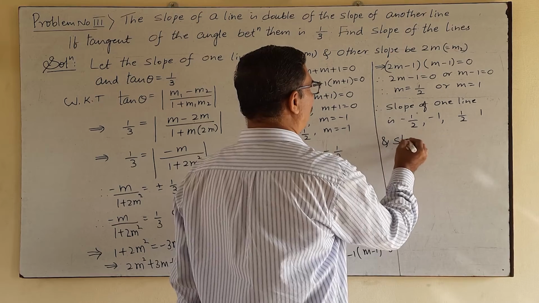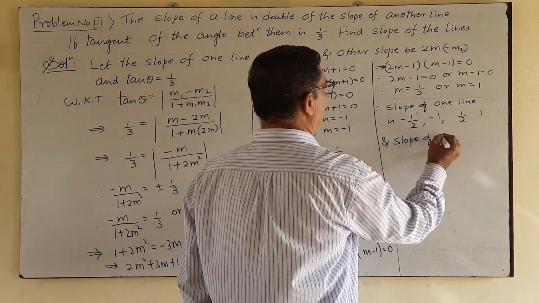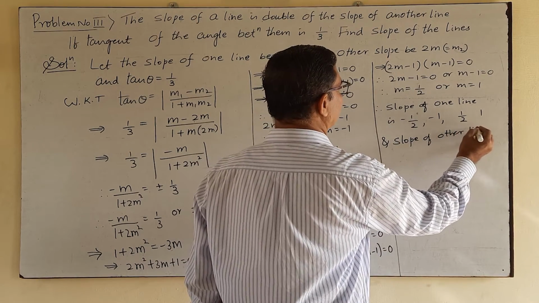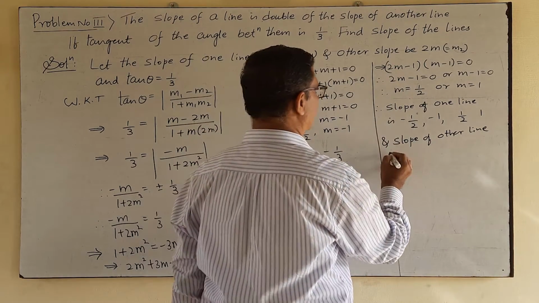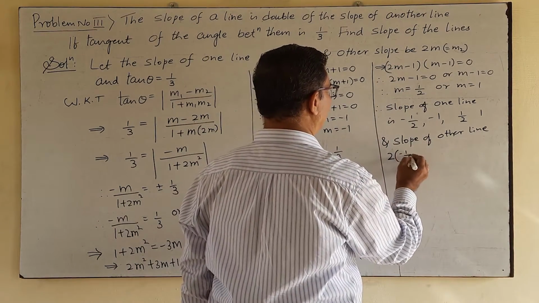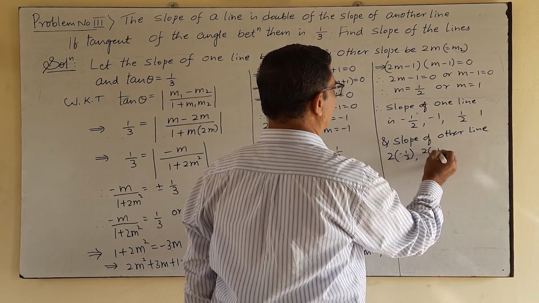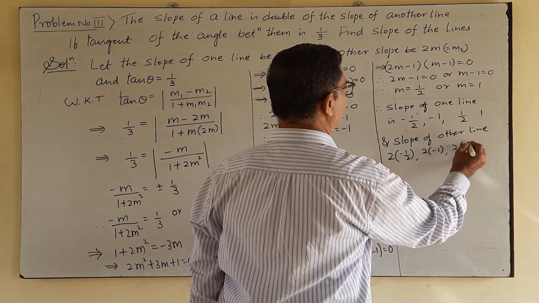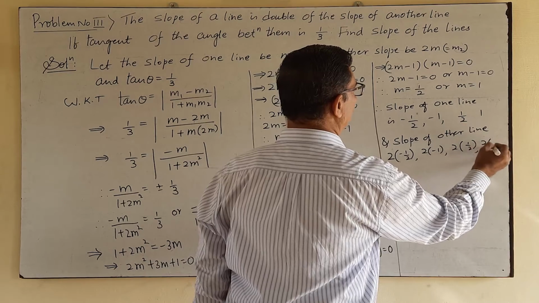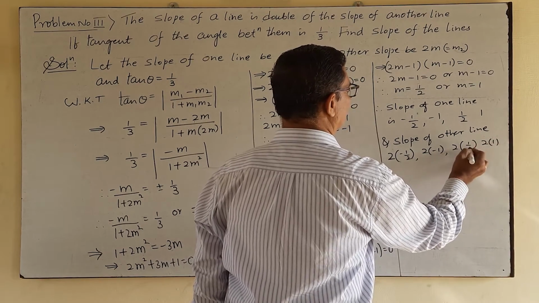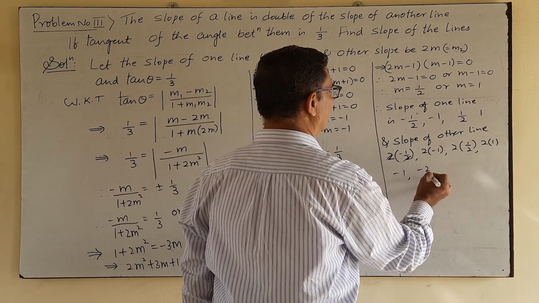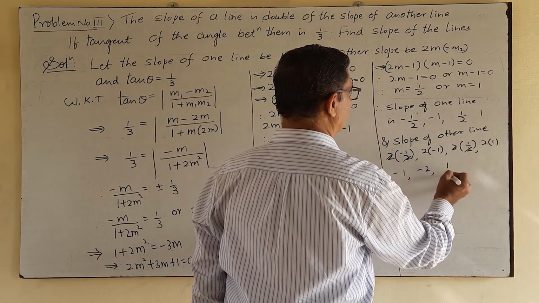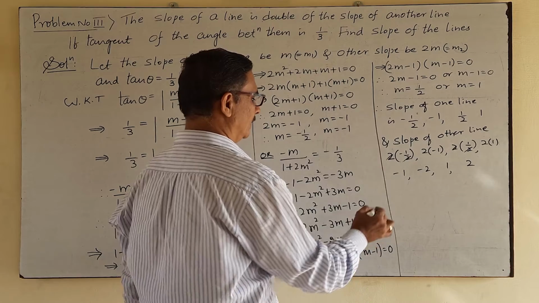And slope of other line, what we have taken is 2m. What happens, see: 2m value when m is minus 1 by 2, 2m value when m is minus 1, 2m value when m is 1 by 2, 2m value when m is 1. Okay, 2 2 cancel, minus 1, minus 2, 2 2 cancel, plus 1, plus 2.